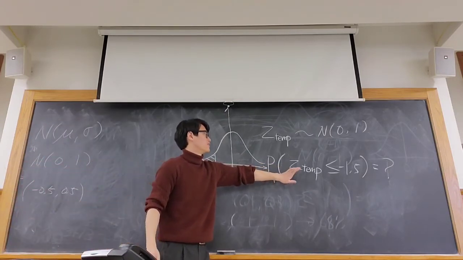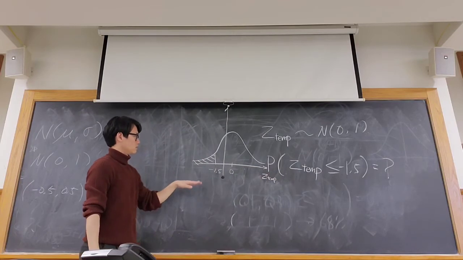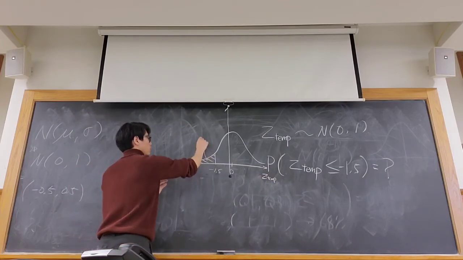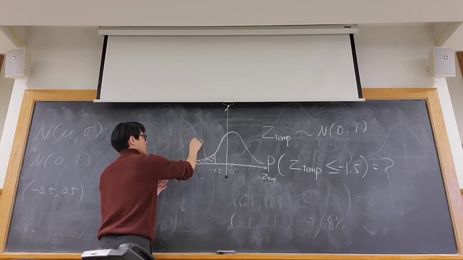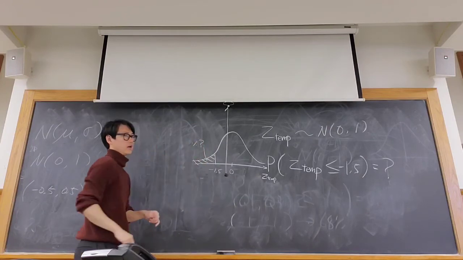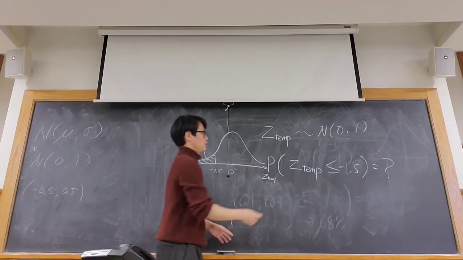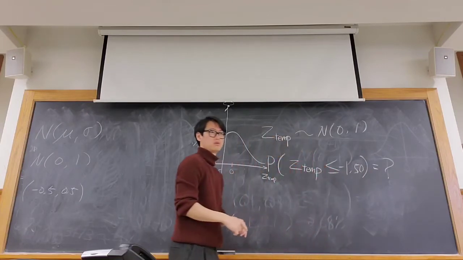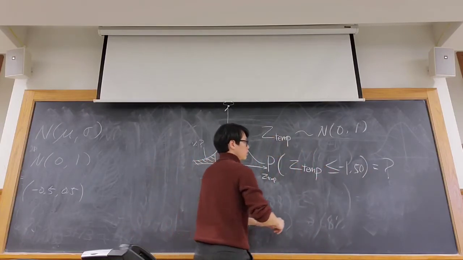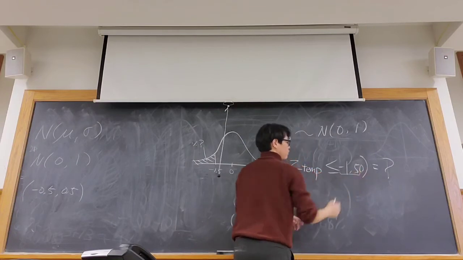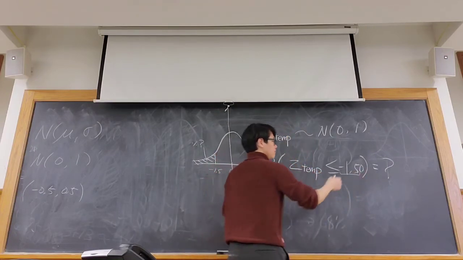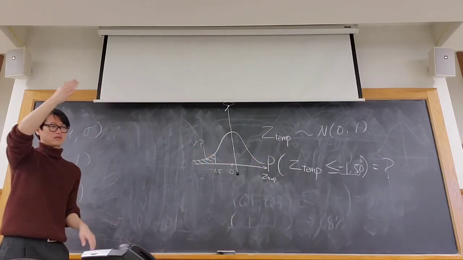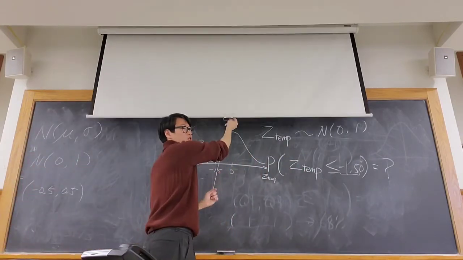This probability, if you visualize this one using a plot, you will get this one. Okay? And then we want to know what is the percentage. And then using the table, you can think of this negative 1.5 as negative 1.50. Okay? So I want to look up the negative 1.5 at the first column, and then since the second digit is 0, I want to select the column corresponding to 0.00. Okay?